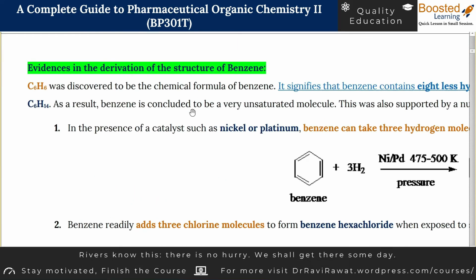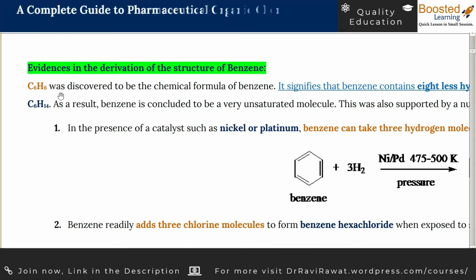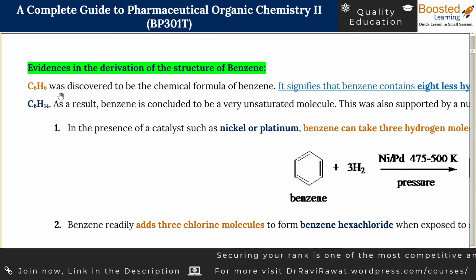The first thing that was discovered was the molecular formula of benzene. The scientists were able to figure out that the compound that they were dealing with had the molecular formula of C6H6.